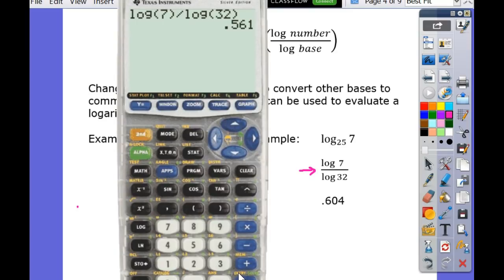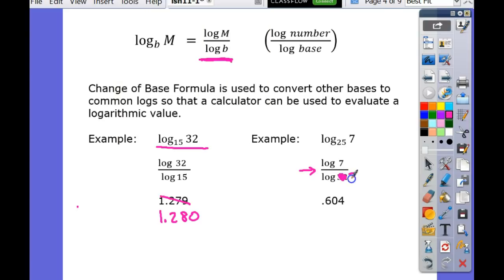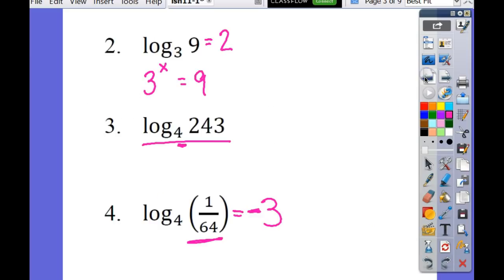I'm sorry, I put it in my calculator wrong. Log of 7 divided by log of 25 equals 0.605. This right here should be a 25, and this should be a 0.605. Please correct your notes.